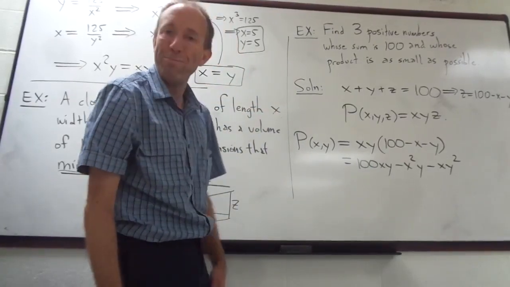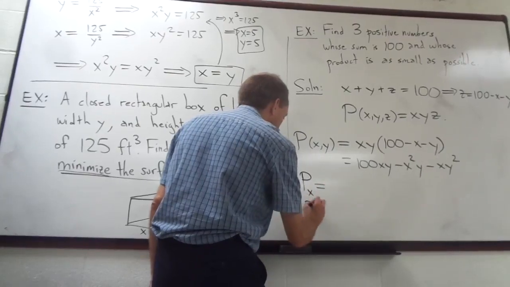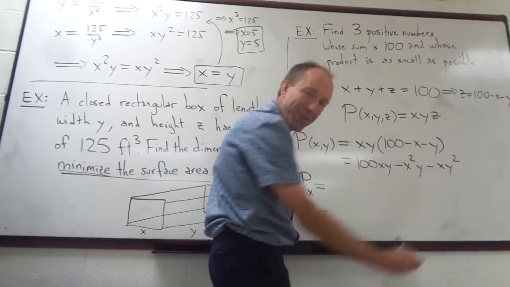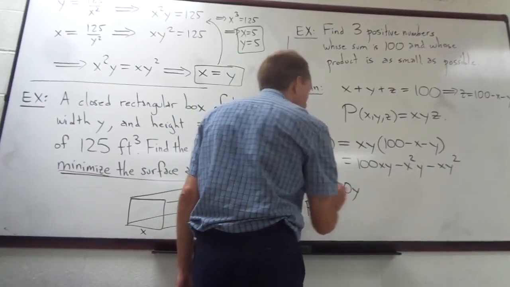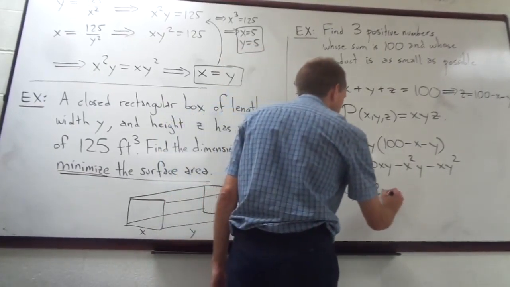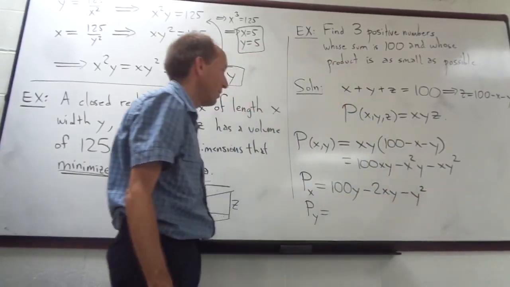Okay. I start working on my partial derivatives again. We're going to look for the critical points of this function of 2 variables. When I differentiate with respect to x, I get 100y minus 2xy minus y squared. Okay.